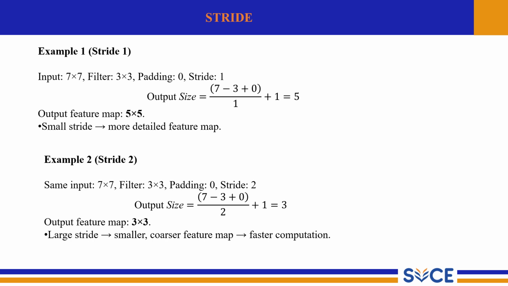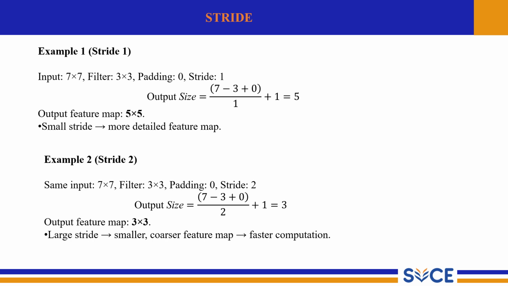Substituting the values, we get output size equals (7 minus 3 plus 0) divided by 1, plus 1, equals 5. So the output feature map is 5 by 5. Because the stride is small, the filter moves 1 pixel at a time, producing a more detailed feature map that captures more information from the input image.